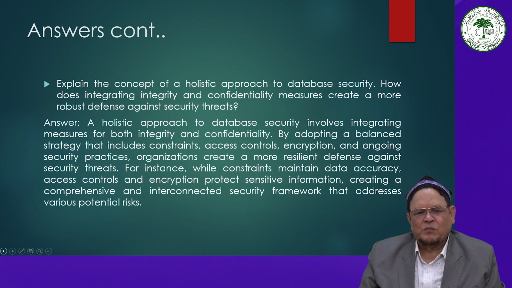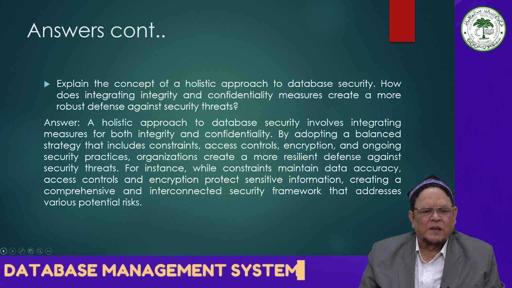An organization creates a more resilient defense against security threats. For instance, while constraints maintain data accuracy, access control and encryption protect sensitive information, creating a comprehensive and interconnected security framework that addresses various potential risks.